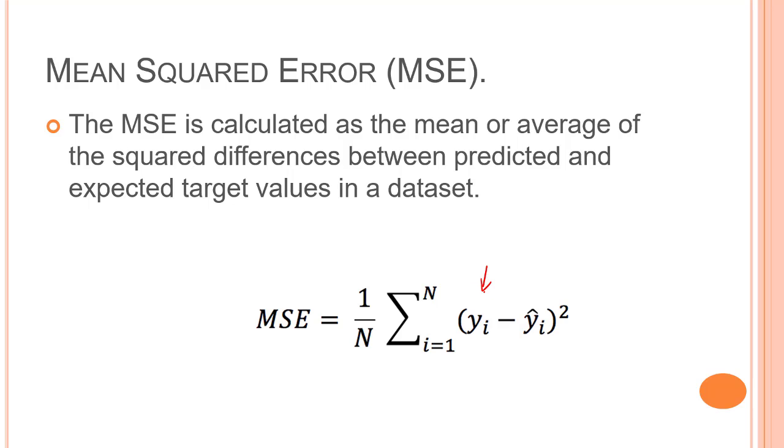Y is the actual value and Y cap is the predicted value. Just as with the cost function, the lower the value of this is, the better our model will be.